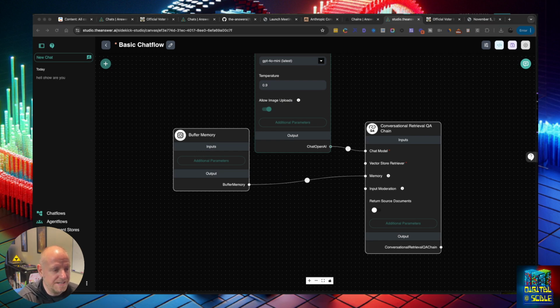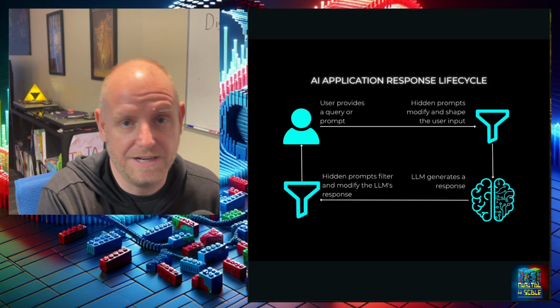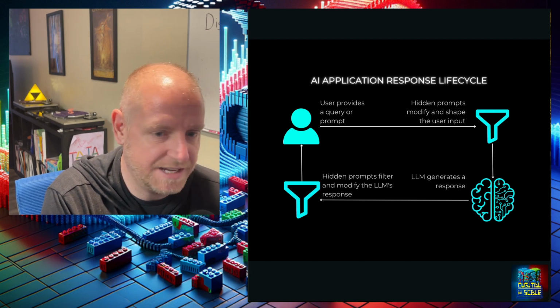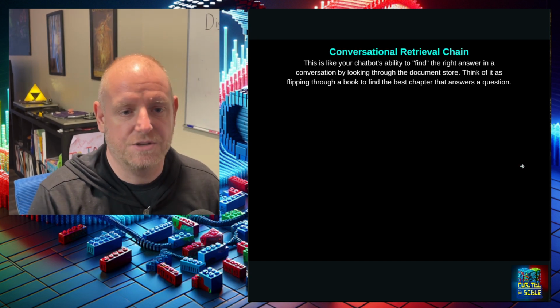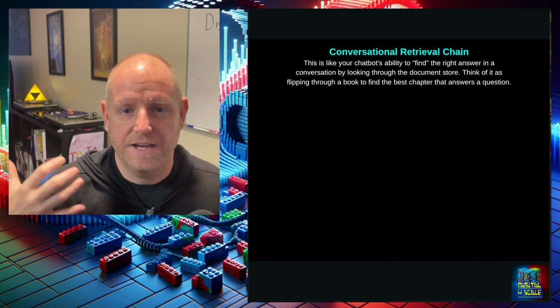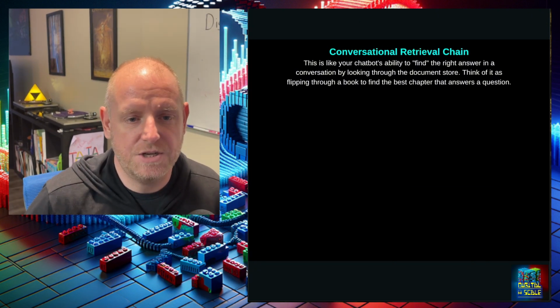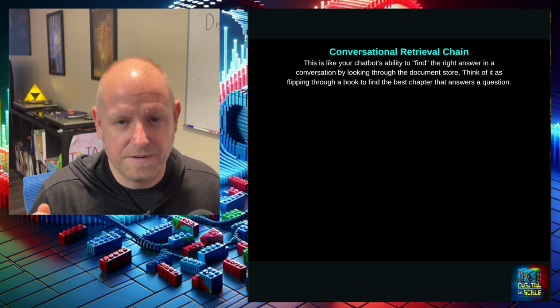Before I get into that, I need to talk a little bit about what's happening in the background and how it actually does the magic that it does. We have our conversational retrieval chain. This is how an AI talks to a PDF. First, you have your conversational retrieval chain. This is like your chatbot's ability to find the right answers.